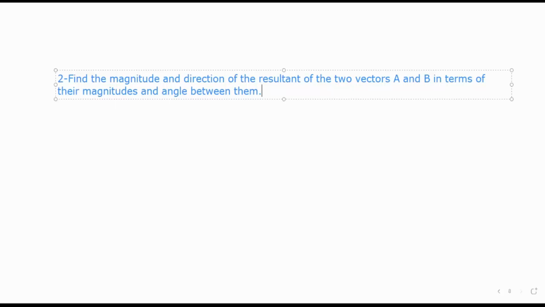That was in terms of, like, if we are given any vector in terms of x and y, that is in the Cartesian coordinate system, if we are given in terms of xi plus yj, then we can simply add them analytically. But here if we are given the vectors in terms of r and theta, that is we know their magnitude and their direction, and then we want to calculate the resultant, then what would the answer be.